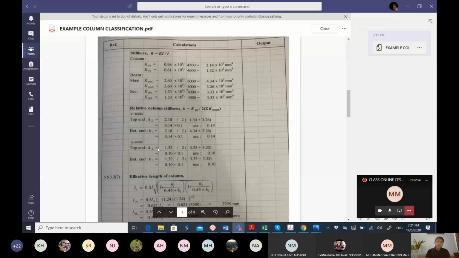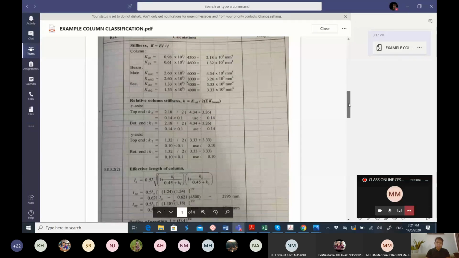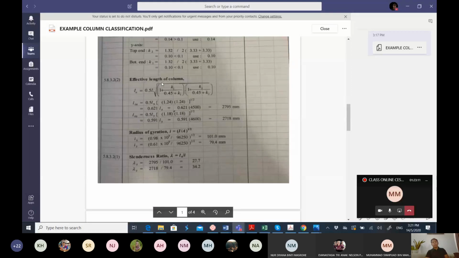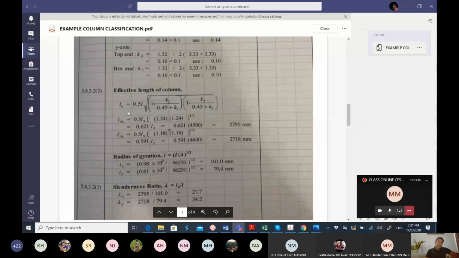And then here we consider it as a braced column. So we have to calculate the effective length of the column by using this formula: L0 is equal to 0.5L times the square root of (1 plus K1 over 0.45 plus K1) times (1 plus K2 over 0.5 plus K2).